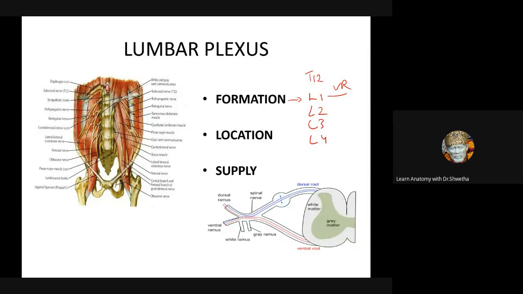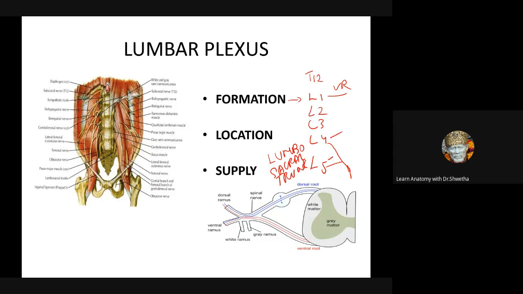Now, at this juncture, I will tell you one more point. See here, L5 is there. A part of the ventral ramus of L4 is contributed along with L5 to form something called the lumbosacral trunk. This is an MCQ question. So, what components form the lumbosacral trunk, students? L4 and L5.